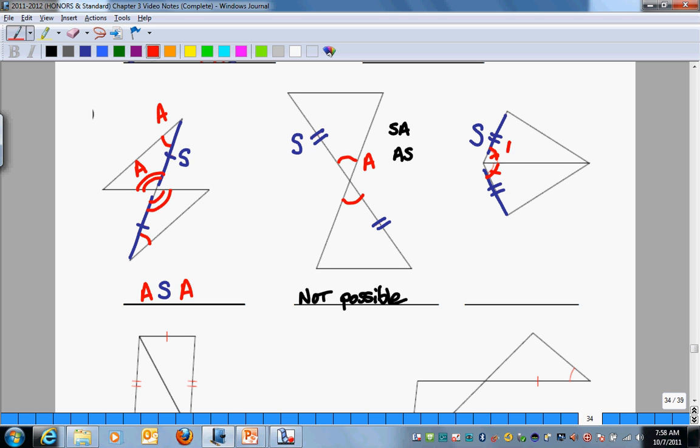Those are given as congruent, so we have a pair of angles. And then we have a reflexive side down the middle here. So hatch mark and put an S. That's congruent even though it's not given as congruent. So we put an S. And our shortcut here is side angle side.